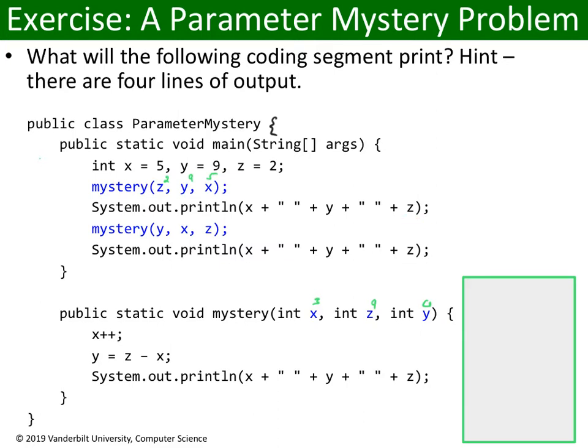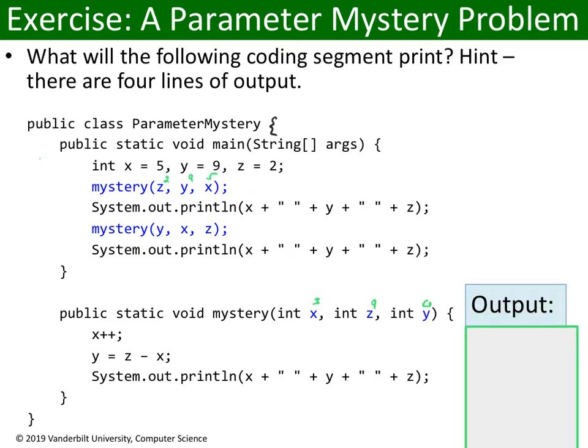So let me reveal the output so far we have. So our output so far, 369 due to the mystery method, and then we just had 592 displayed because of this print line statement. So now let's move forward.